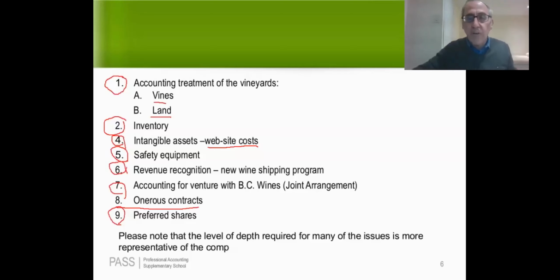Because the real challenge in financial accounting, in my opinion, isn't on the multi, it's on the comp. That's when they give you really meaty issues. And I tried to similarly give you some meaty issues. There are a couple of issues that probably are not meaty enough to be a comp, but some of them certainly are. What I would like to do now is go through how to deal with various issues.